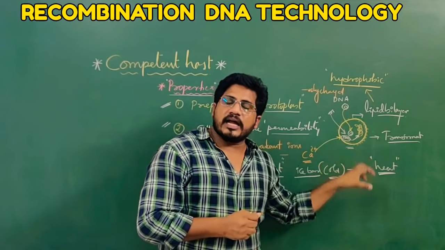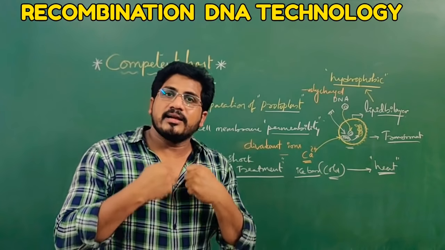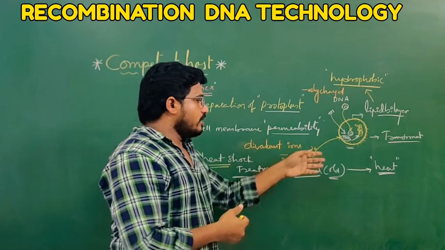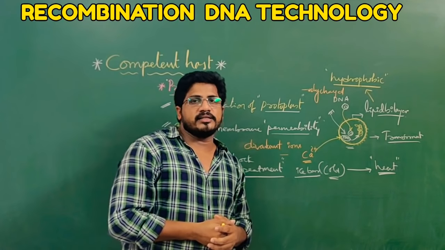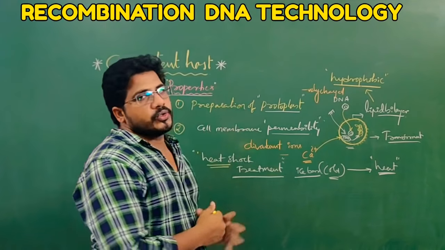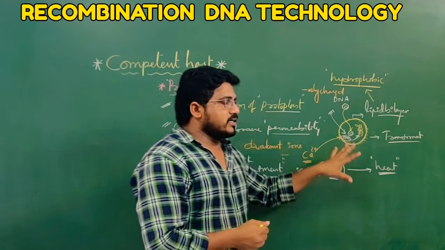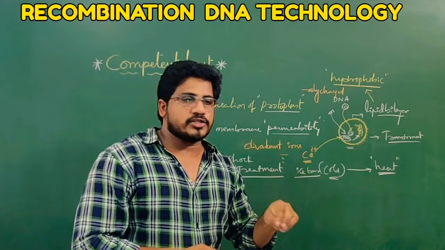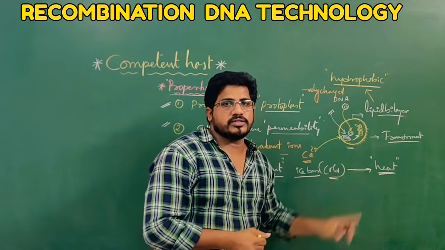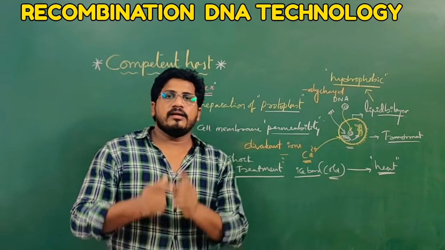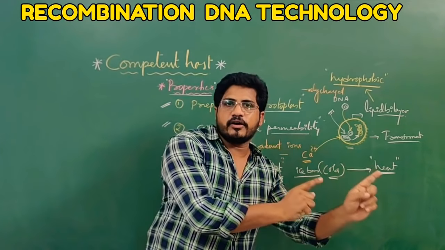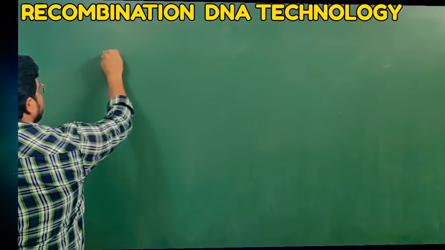For those conditions, the host should tolerate all these kinds of unfavorable environments. Then it will be called a competent host. As I discussed, without vectors also some genes are transferred into the host. Let me discuss vectorless gene transformation into the host.